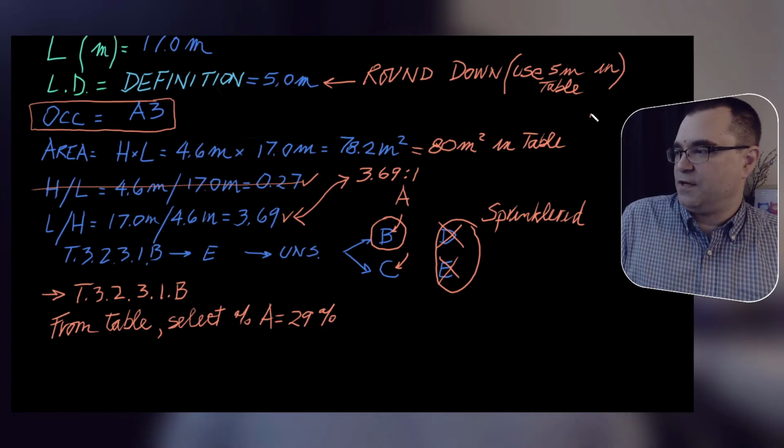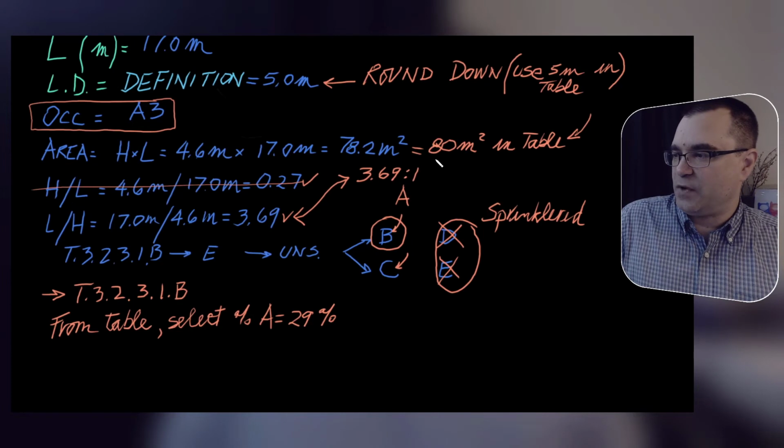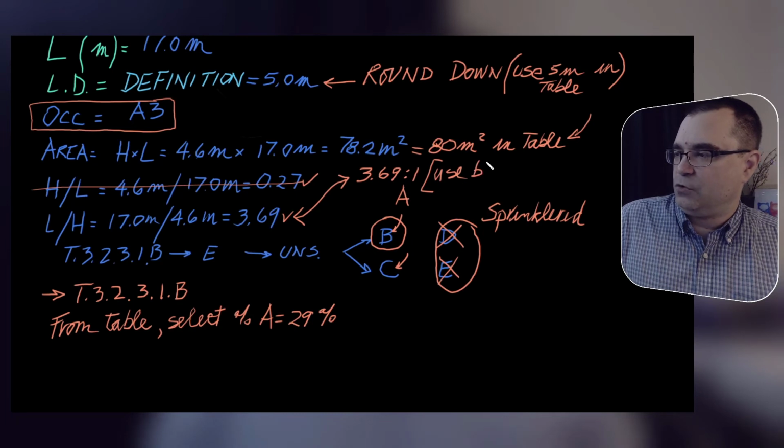As we wrote down here the value that we're using for the area, we should also write here for the ratio, use between 3 to 1 and 10 to 1, right?